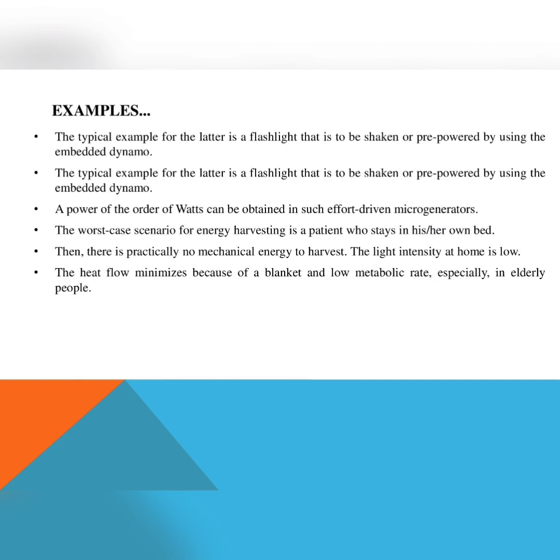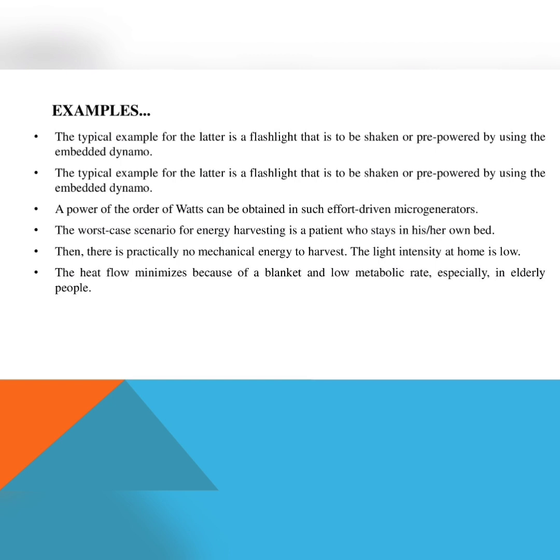A power of the order of watts can be obtained in such an effort-driven micro generator. However, this way of powering a BAN, body area network, or wearable sensor should be rejected because of the additional care required from the patient side.